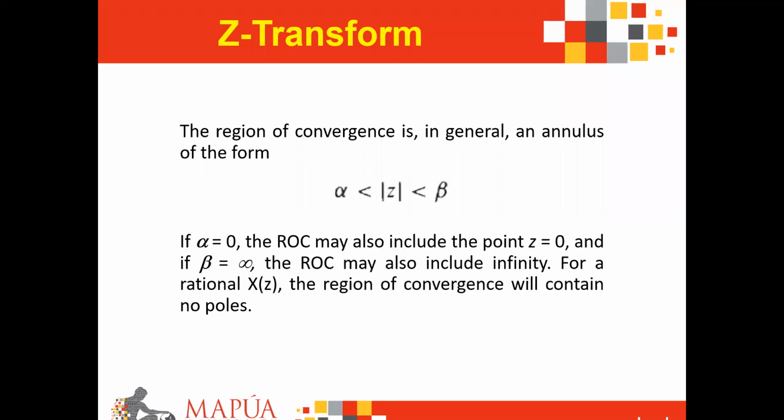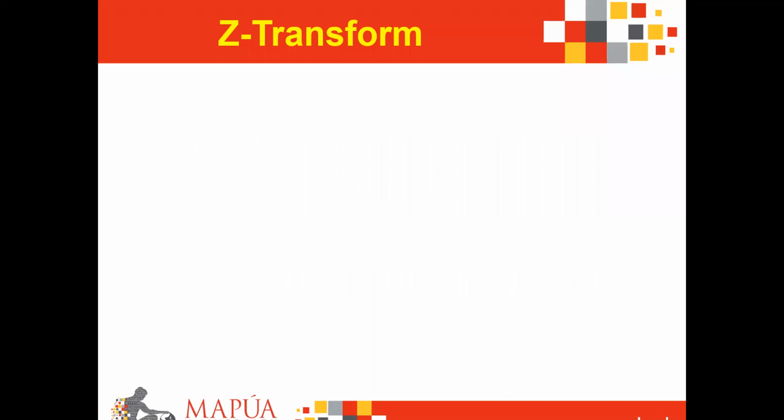Yung absolute Z must always be, ang term nila, in between alpha and your beta. Para nandun yung region of convergence mo. So, alpha are those that makes your values zeros, and beta are those the ones that makes your values infinite. Okay? So, for a rational Z-transform, the region of convergence will always contain only zeros, walang poles. No? Kapag rational yung form ng Z-transform.